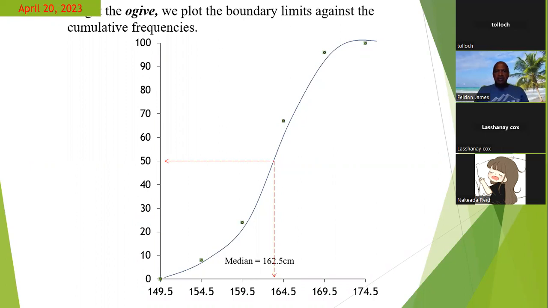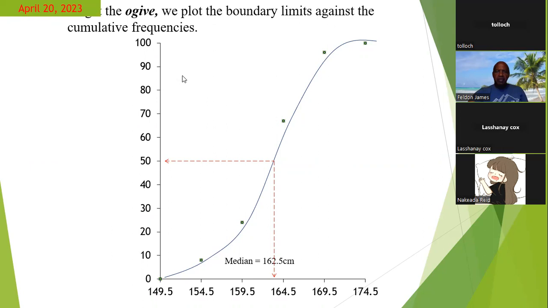If you add the upper limit and the lower limit of the next class and divide by 2, you should get the same value. But generally, you look for the difference between those values. The difference is 1. You split the 1 into 2, which is 0.5. You add 0.5 to all of the values in the right column of your table. And so you get all the boundary values.